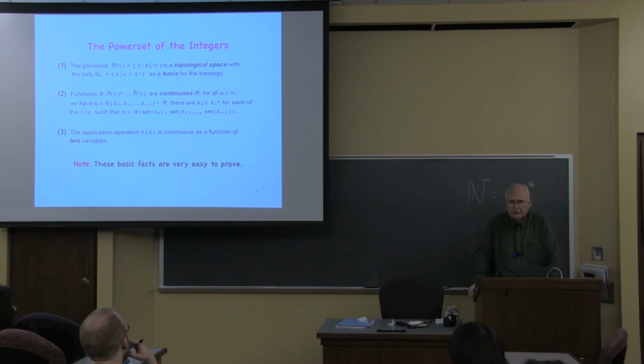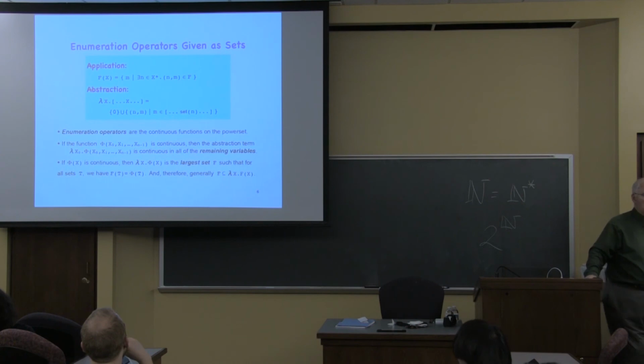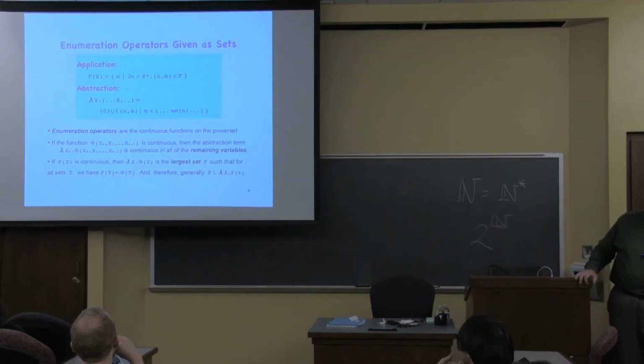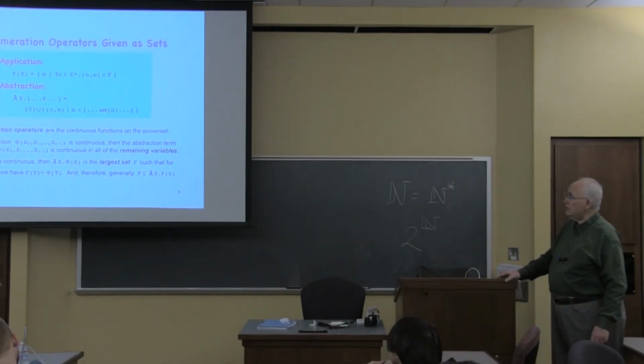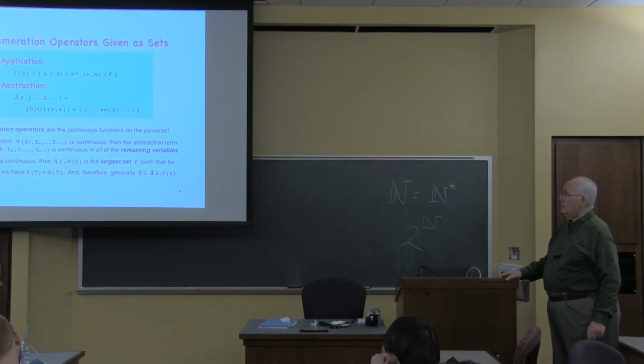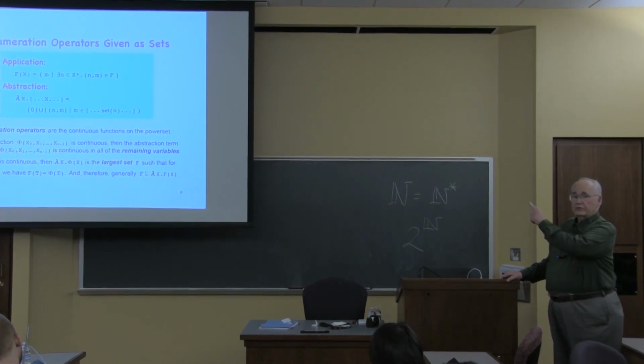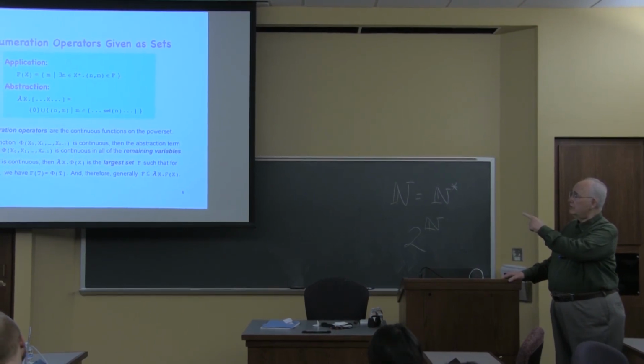So I haven't told you yet what the application operation is here now. The universe is the sets of integers, the power set of integers, and I'm going to make this universe into an applicative algebra here. First, I'm going to define application by a certain formula there, and then I'm going to reverse that formula to define lambda abstraction.